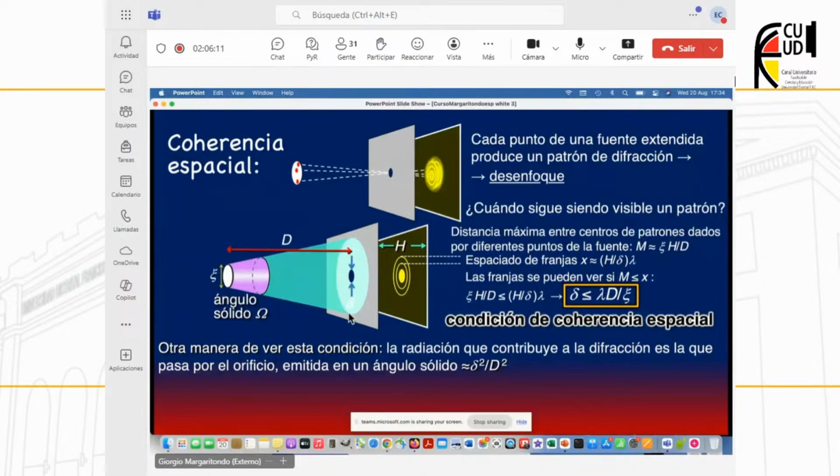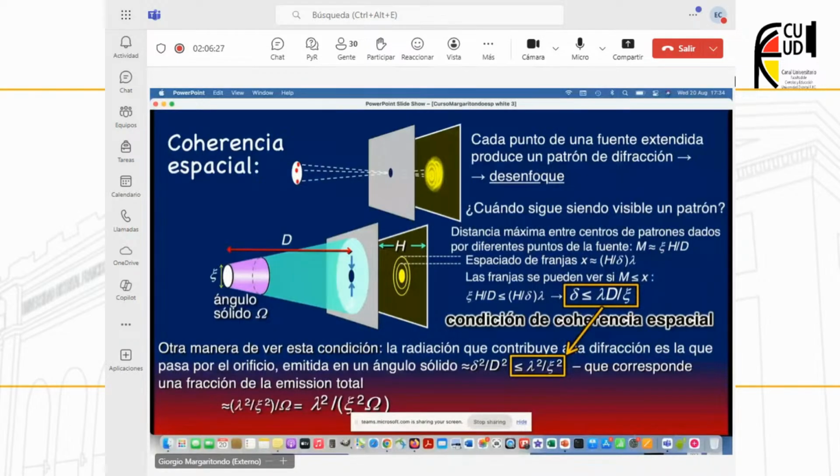So the portion of the emission that actually participates in the diffraction is that in the solid angle delta square over d square. We can put these two conditions together, and we find that this is actually smaller, using the condition for lateral coherence, than lambda square over c square, xi square.